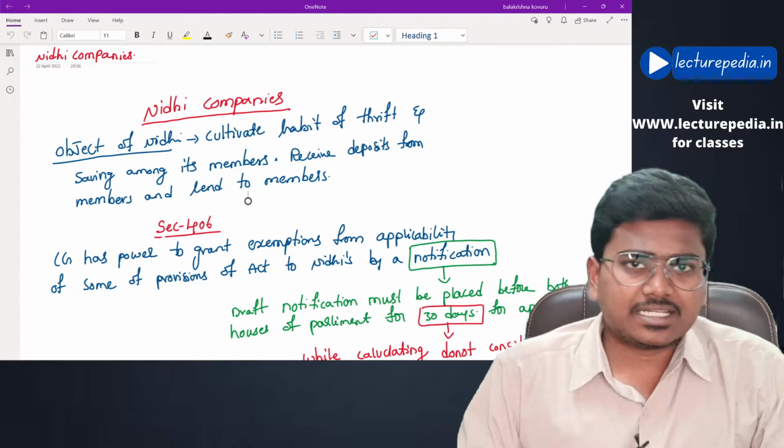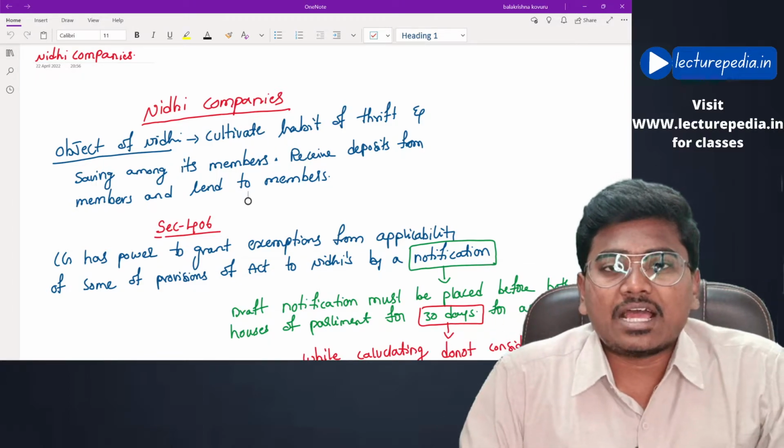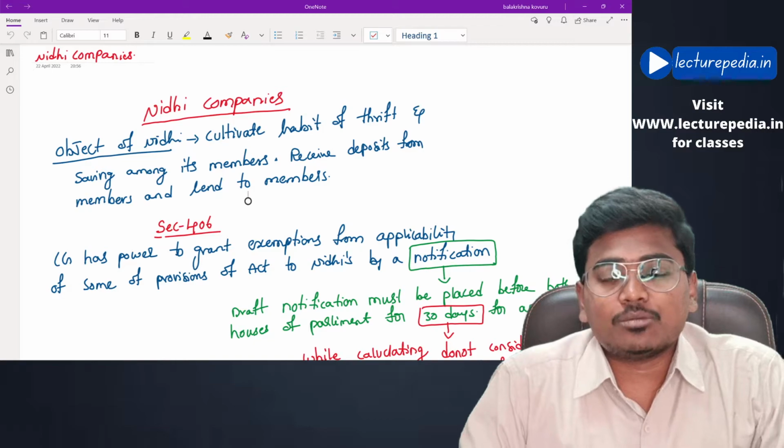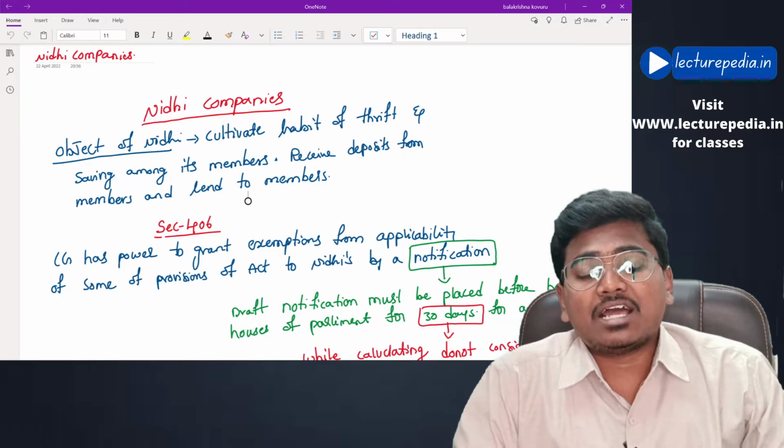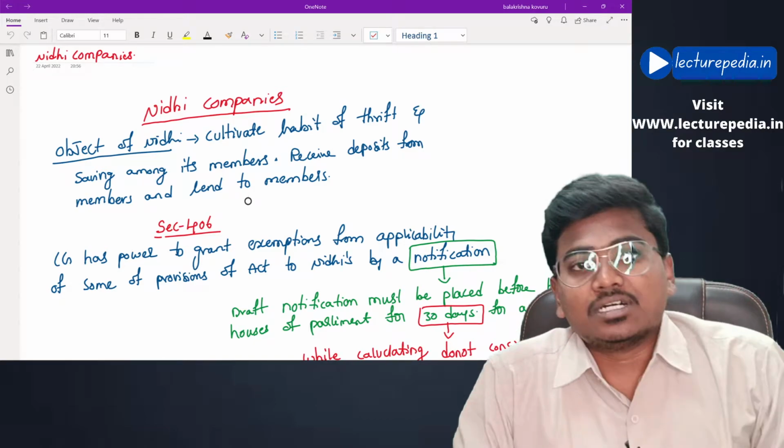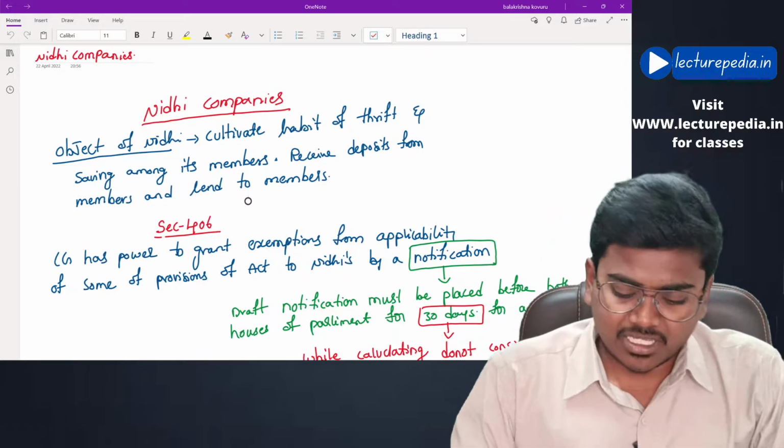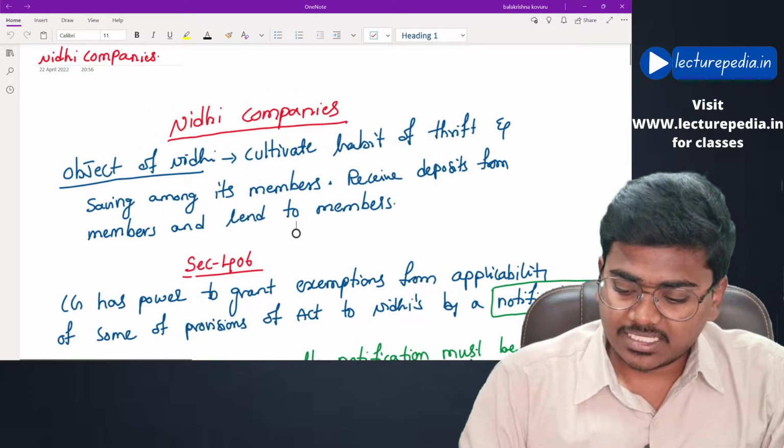Nidhi companies. Basically, in this chapter we have only one section, that is section number 406, and we have various rules relating to the Nidhi companies. First of all, what is meant by a Nidhi company?